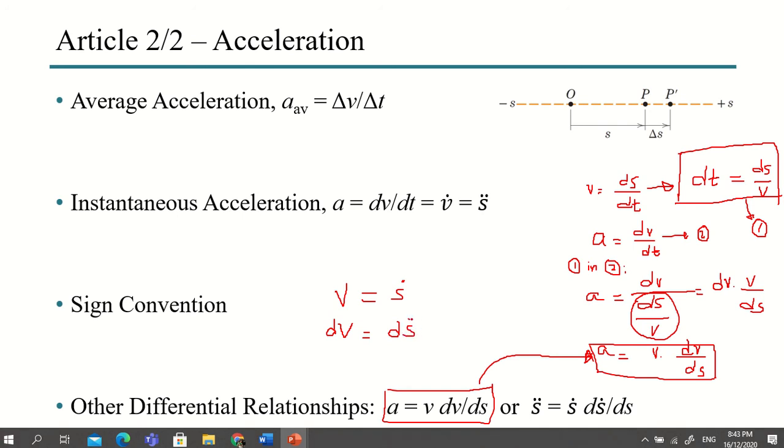Our a here is the equivalent of s double dot, right? So substituting, we have s double dot equal to, our v is equal to s dot, so we change this to s dot, and we have dv equal to d s dot over ds, so we still have ds here. These are the equations for the acceleration.